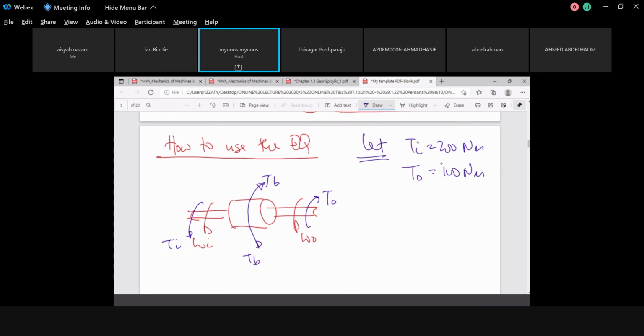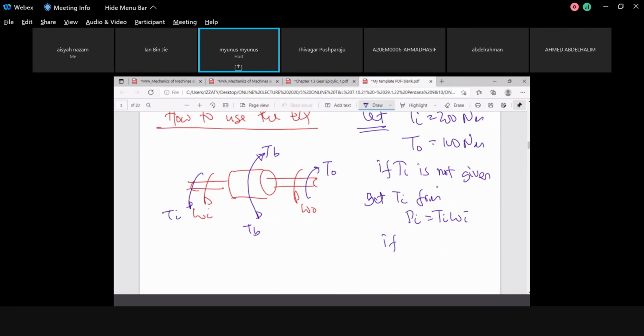Of course, if Ti is not given, for example, you can get Ti from Pi equal to Ti omega I. They provide you this one. If To is also not given, where do you get To from? Remember, from efficiency Ti omega I plus To omega O equal to 0.